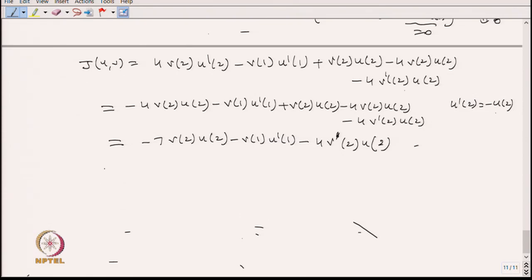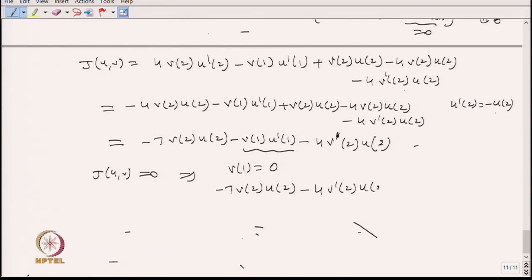So, if I want my J of u, v equal to 0, what I choose is that v1 is equal to 0. So, this quantity will be 0, and then I want my minus 7 v2 u2 minus 4 v dash 2 u2 to be equal to 0.